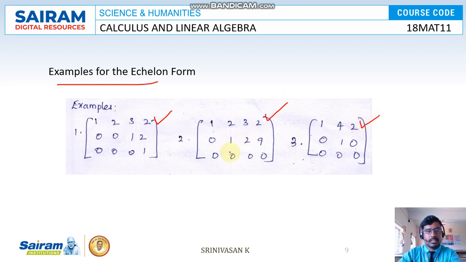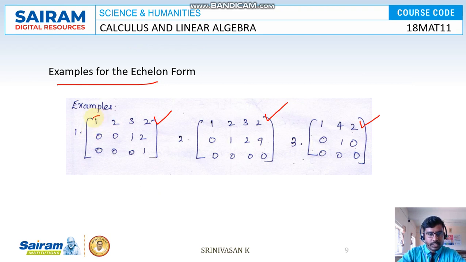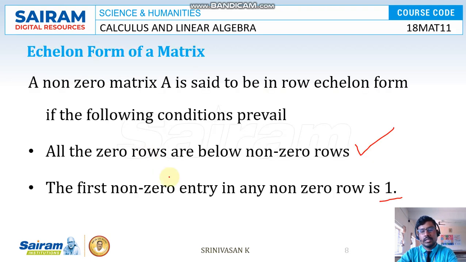Then what is the second condition? The first non-zero entry in any non-zero row is 1. This is the first non-zero entry, and it is 1. In the second row, this is the first non-zero entry, it is 1. And in the third row, this is the first non-zero entry, it is 1.